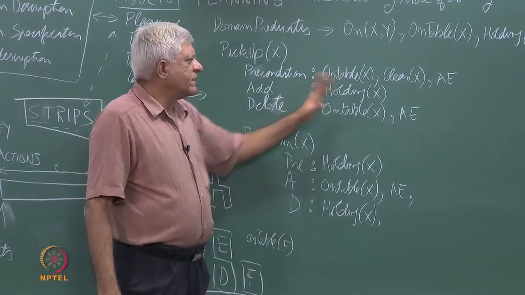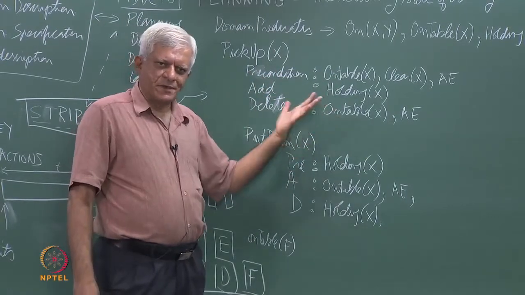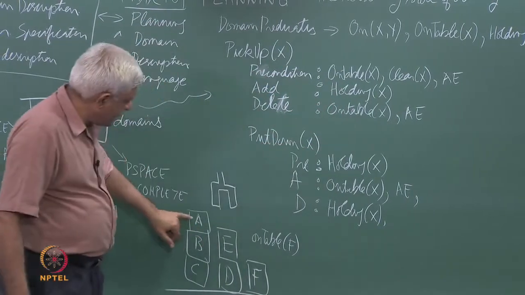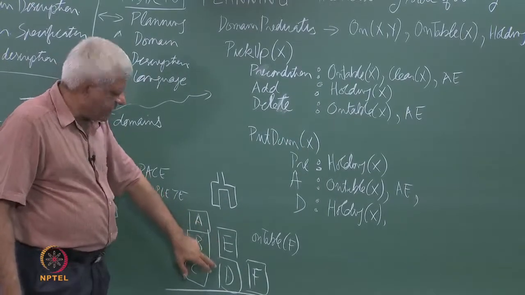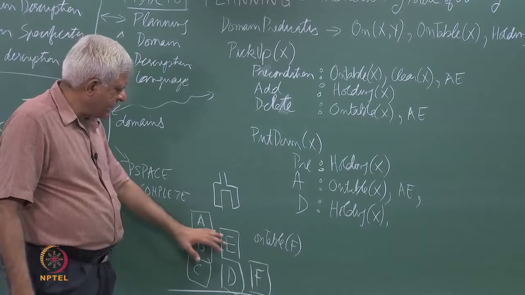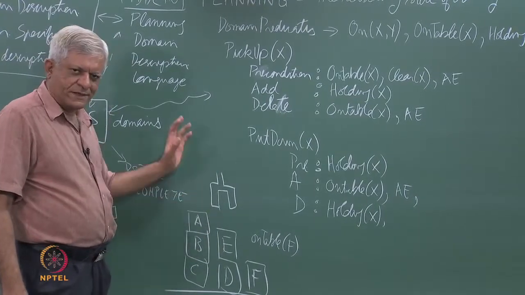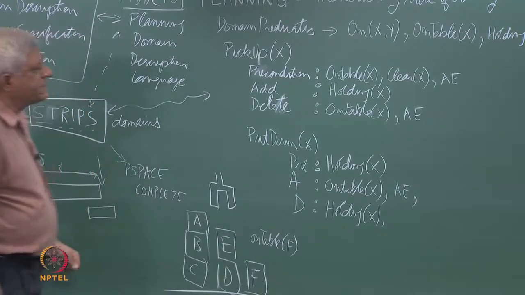So, the only difference between unstack and pickup is that pickup is from the table and unstack is from some other object. So, you can unstack A from B or you can unstack E from D, and the conditions are similar. A must be clear, A must be on B and arm must be empty to unstack it, and likewise you can stack it essentially.